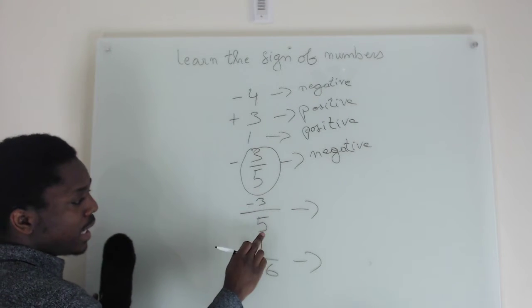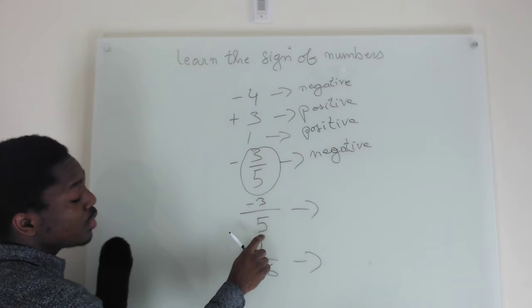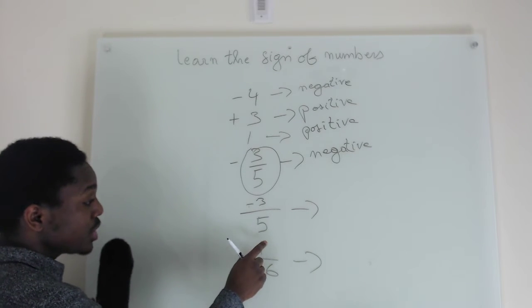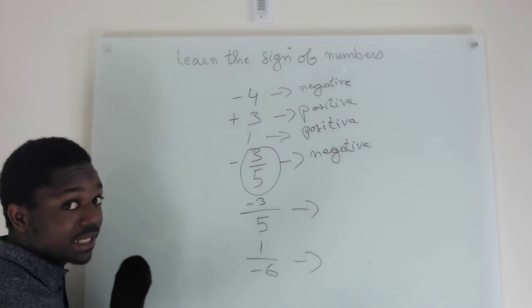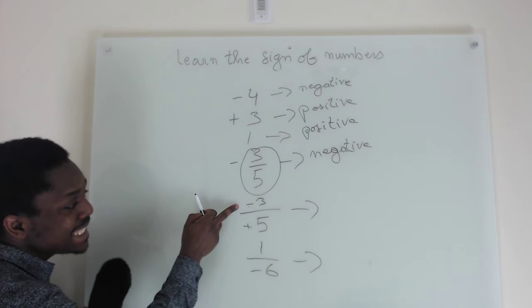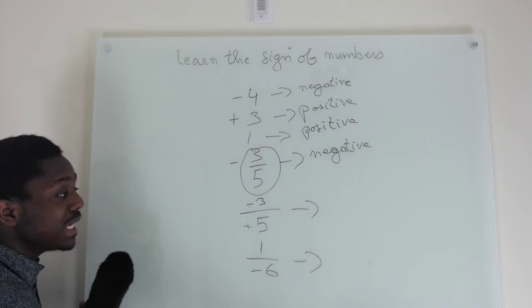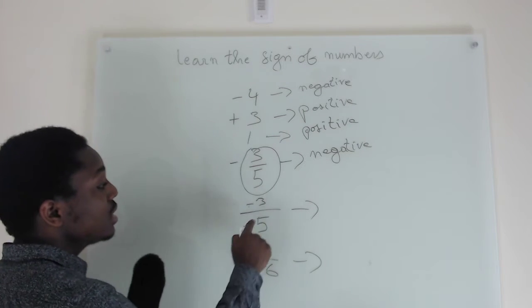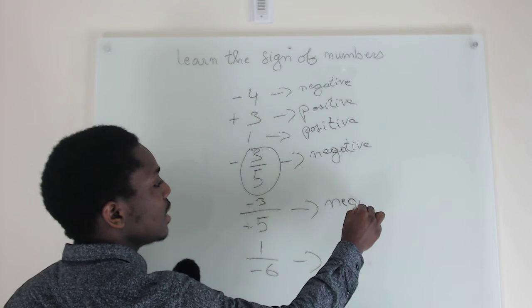Negative. And the sign of the second number, the number that is on the bottom of the fraction, or the denominator, is what? When there's no sign, the sign is what? Positive. So when you have a negative divided by a positive, the final outcome is what? A negative. So for this reason, the sign of this fraction right here is negative.